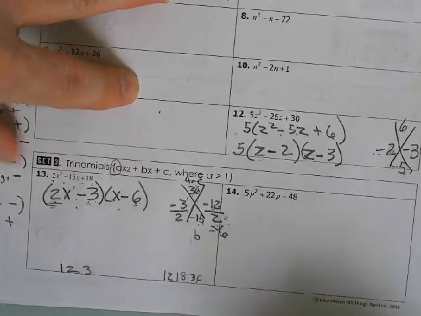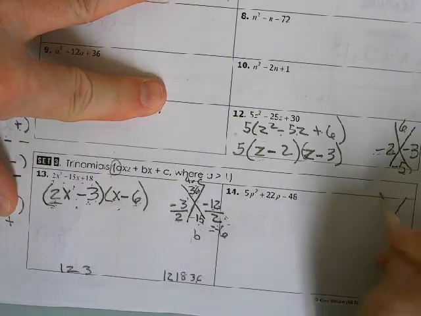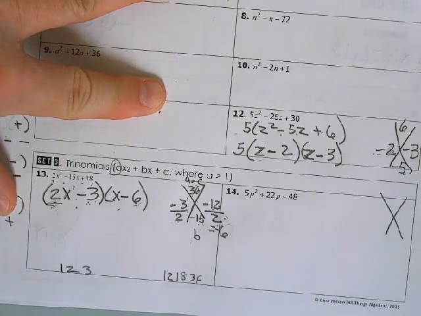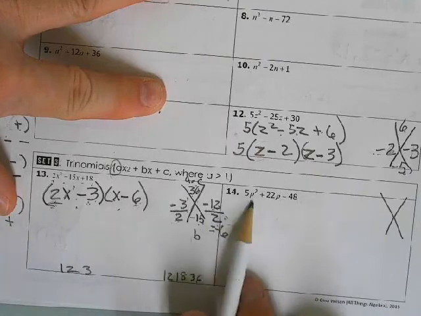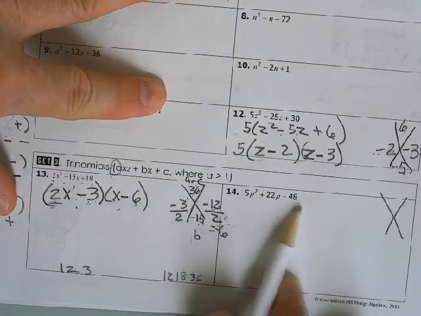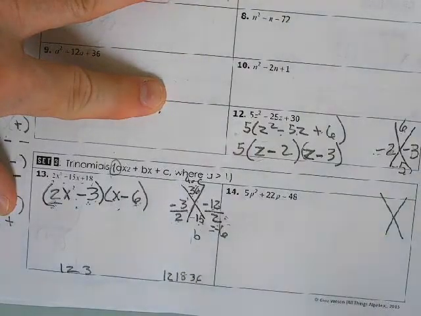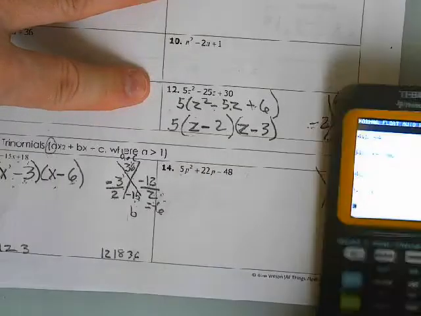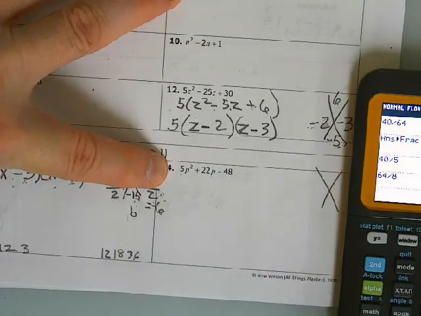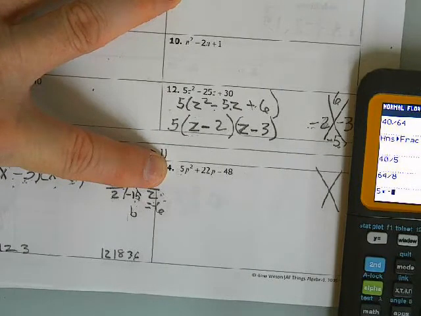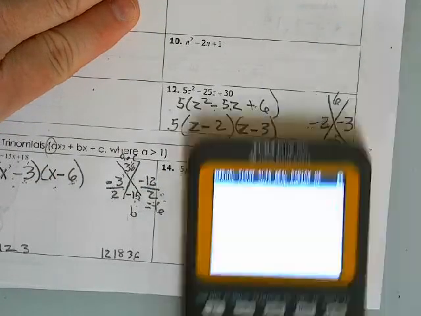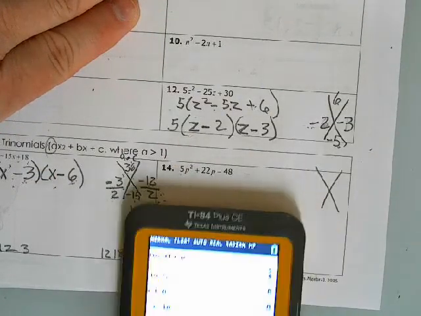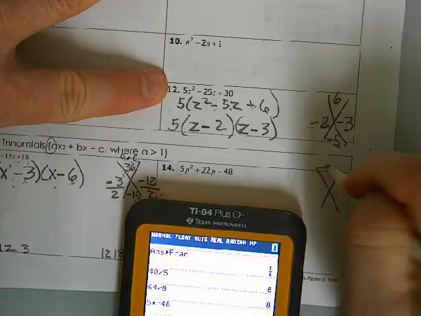Let's try it again. So what goes in the top box? Well, first of all, do I have a common factor? Will 5 go into these two? No. So we don't have a common factor there. So the top number has to be what? 5 times negative 48, which is negative 240.